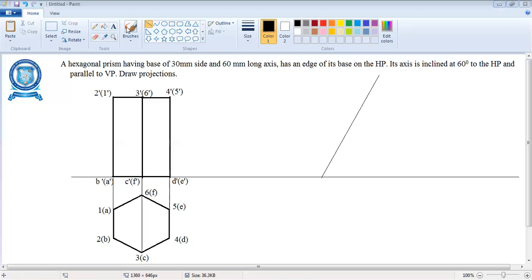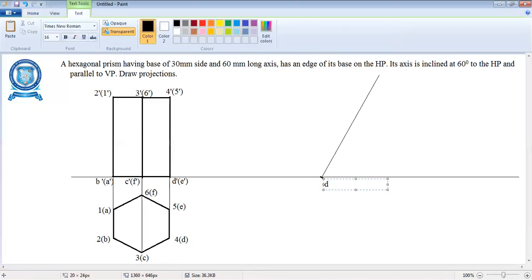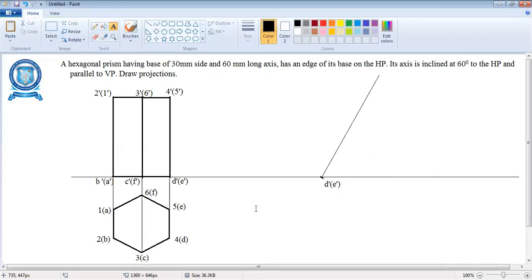Mark the point as D dash. Measure this distance D to 4 5 and cut an arc from D to 4 on the 60 degree line.